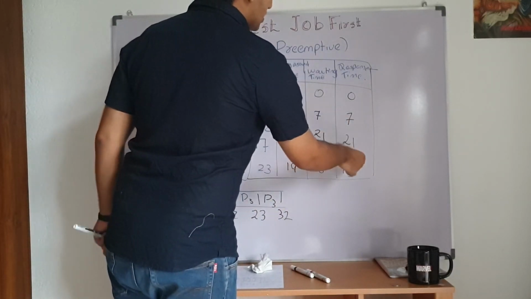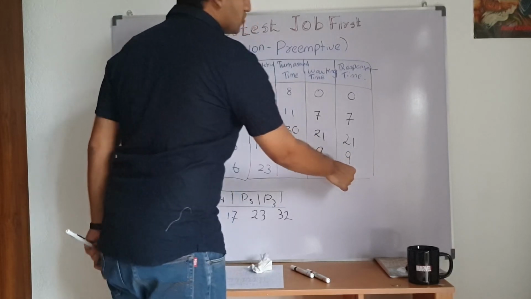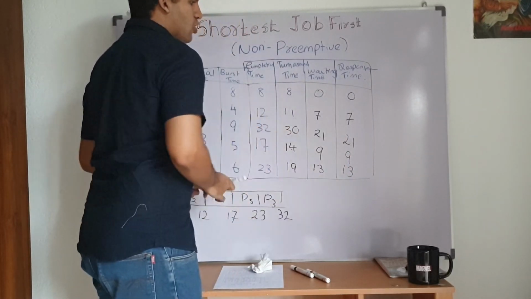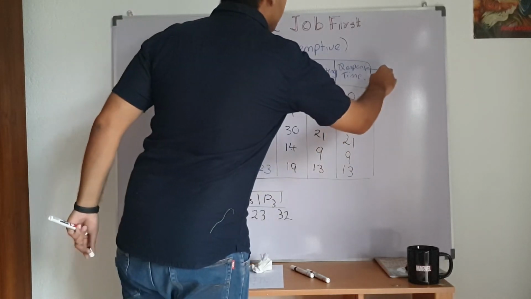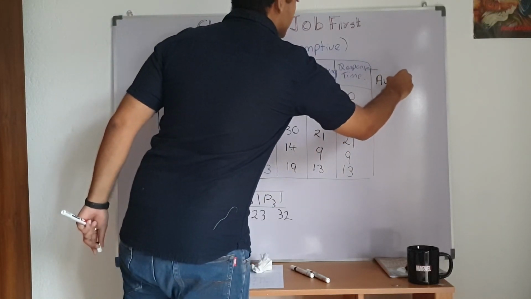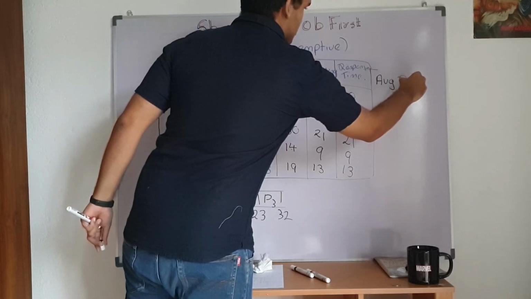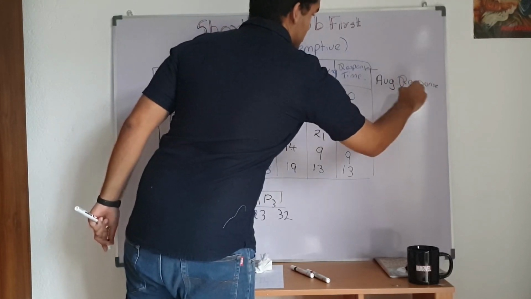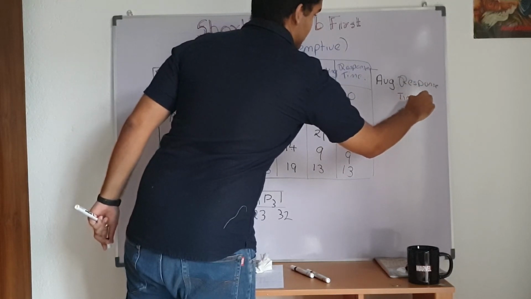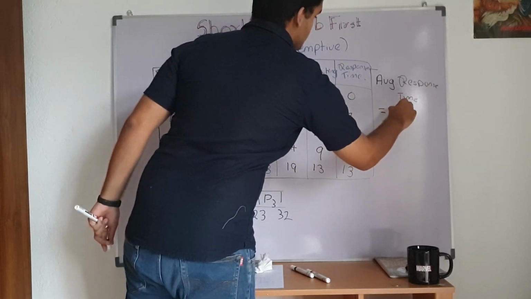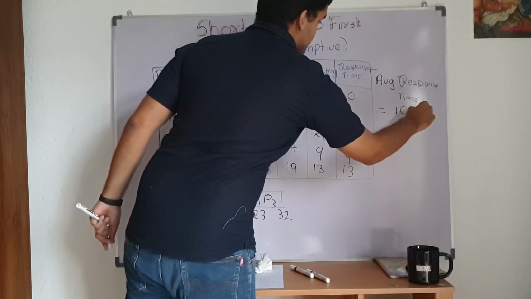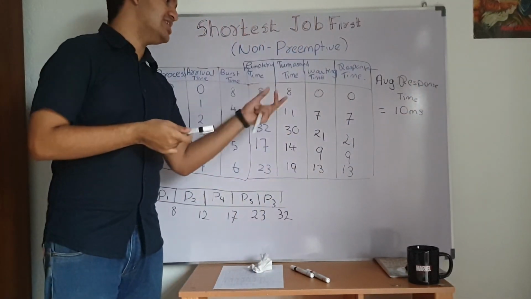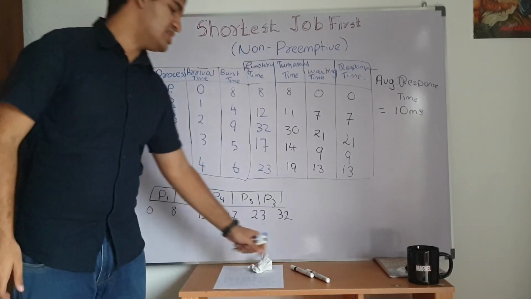Adding them gives a total of 50, and the average response time is 10 milliseconds. Now this is the basic answer that you are bound to find in this question.